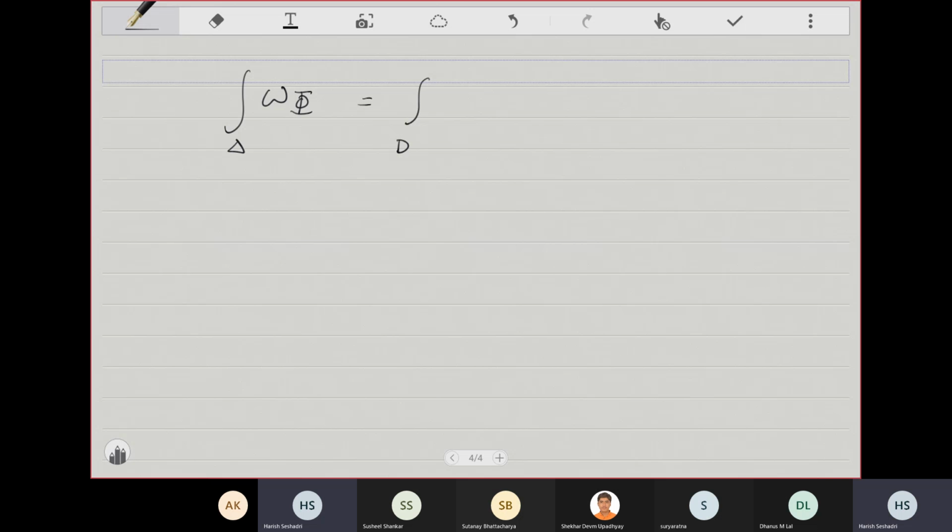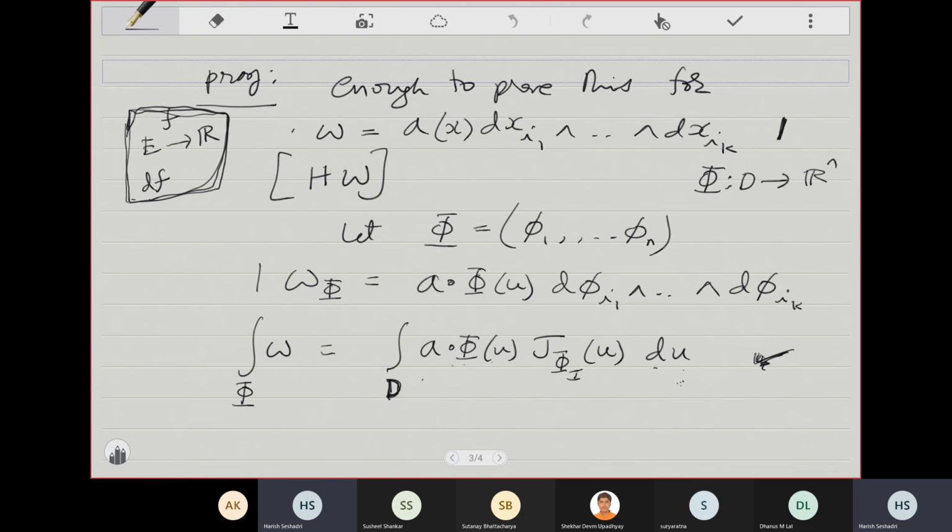Right. So let me, no, let me not. Let me just, instead of omega subscript phi, use whatever expression I have here.